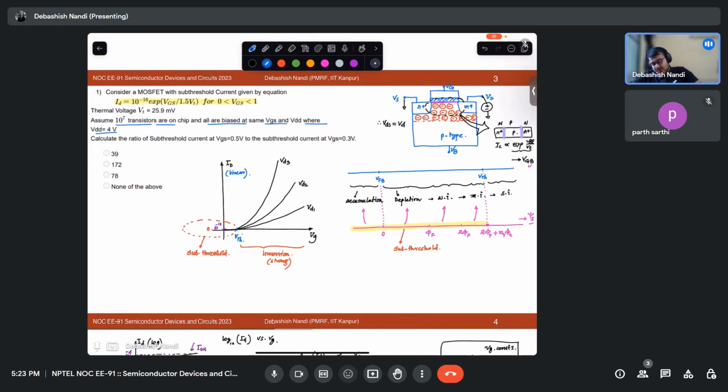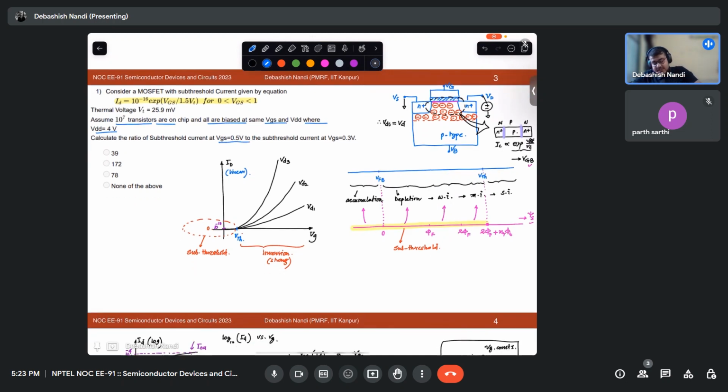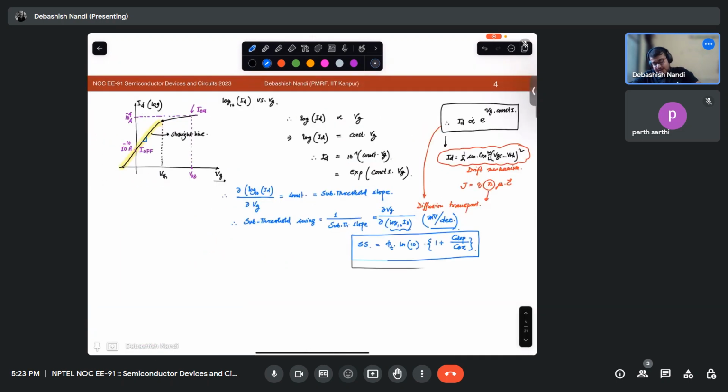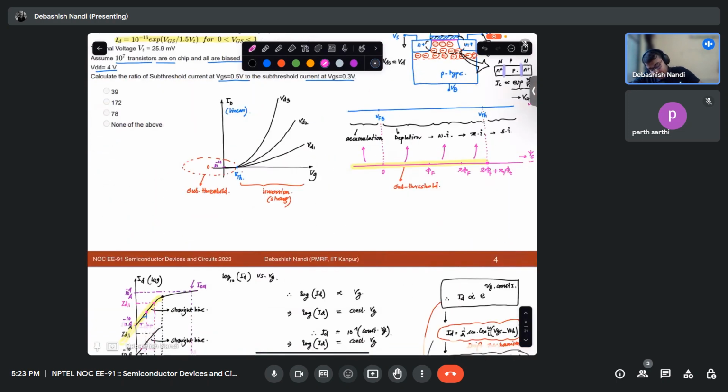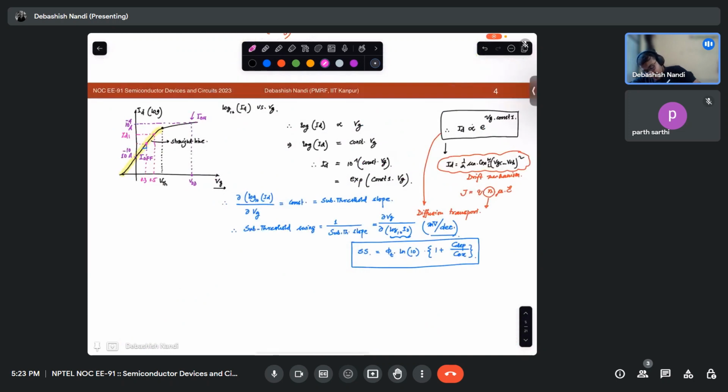Calculate the ratio when your VGS is changing from 0.3 to 0.5. So what will be the ratio of the currents, ID1 over ID2?